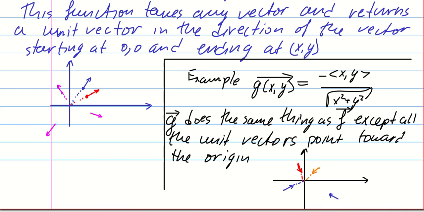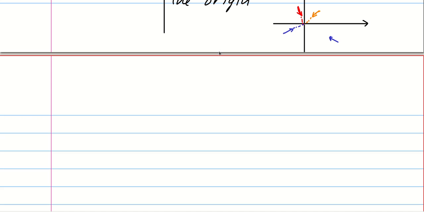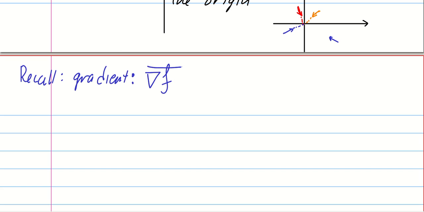Alright, so what's the next idea? To move a little bit forward and think like this. Let's recall a little bit. Let's remember what gradient is. So if we take a gradient, it gives us partial f with respect to x, partial of f with respect to y, right?